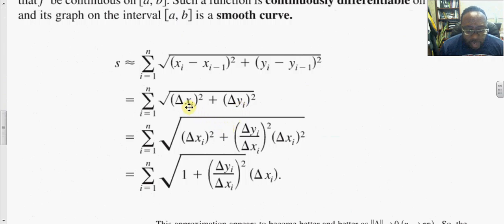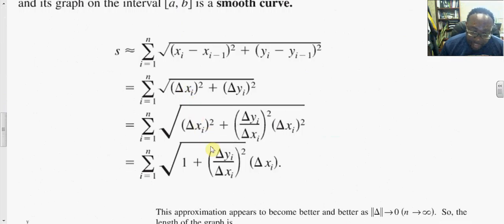What we do in that proof is divide out delta x squared, because one of those delta x's would actually give us our differential, our dx, by which we want to calculate the integral. The summation gives us the integral.